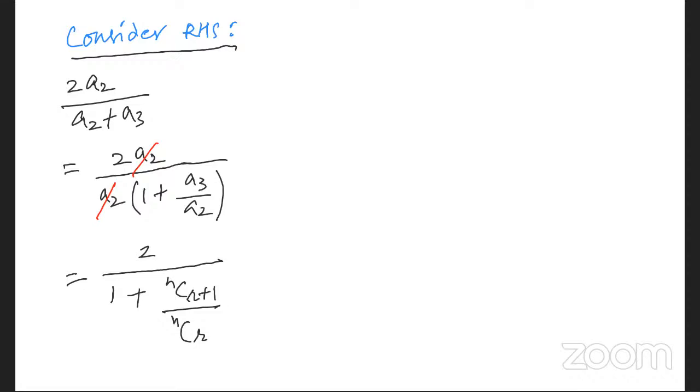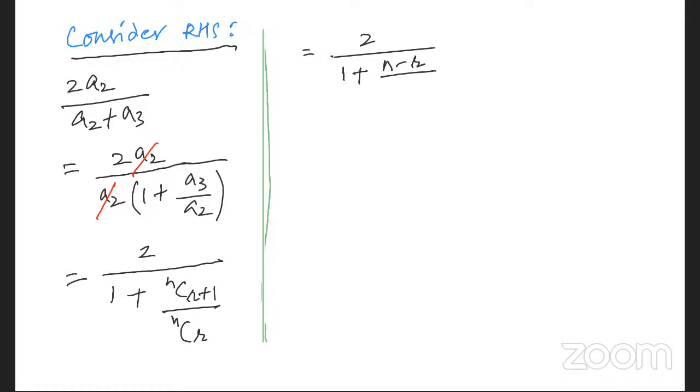The next step, it will be equal to 2 divided by 1 + (n-r)/(r+1), which is equal to 2 divided by, considering the LCM, (r + 1 + n - r)/(r+1).